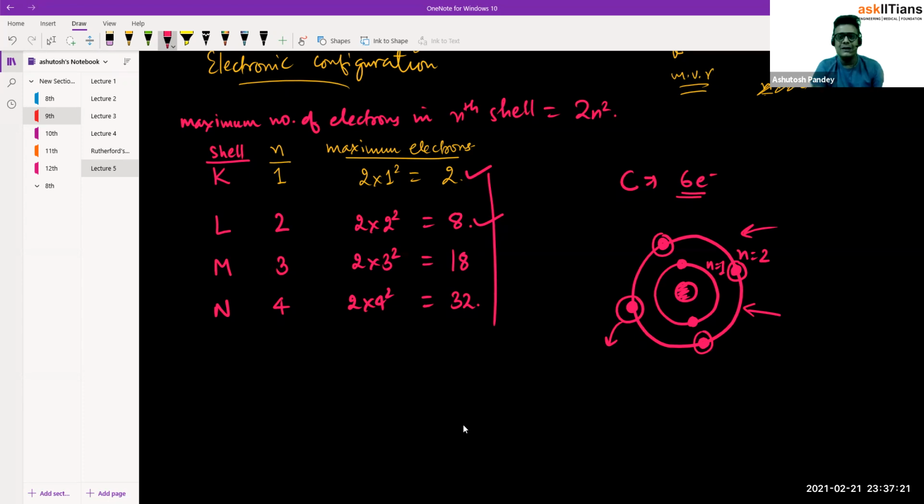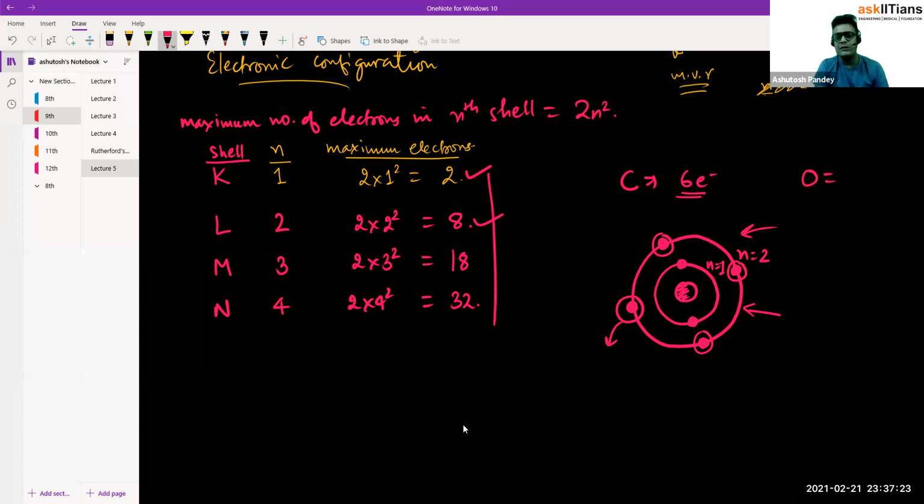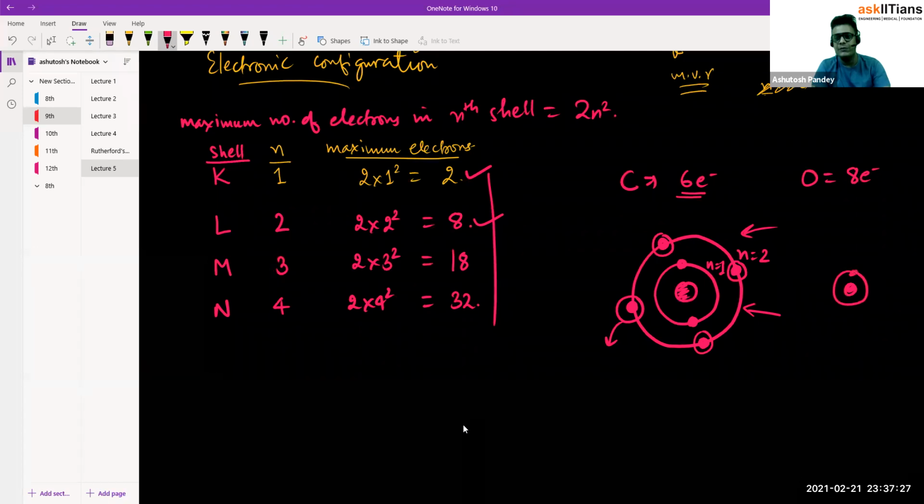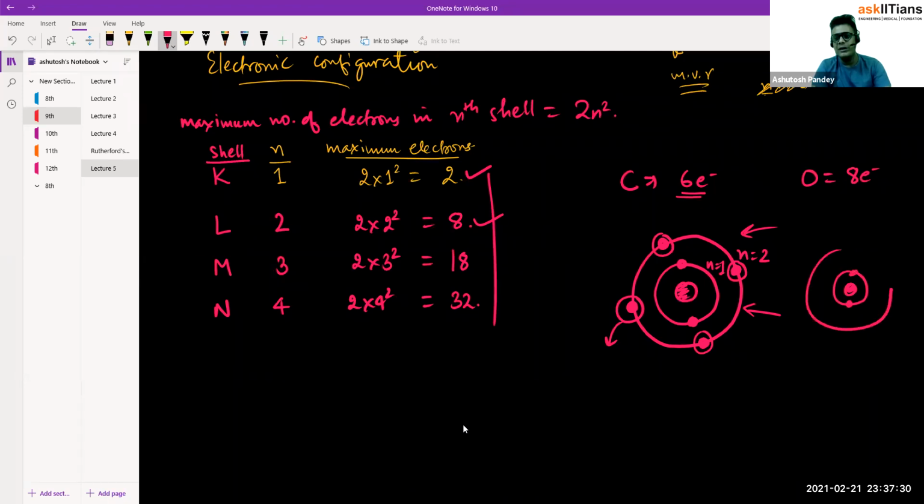Let's take another example, oxygen. Oxygen has 8 electrons, so we'll have a nucleus and 2 electrons, and then in the next orbit we will have 6 electrons. Now oxygen can take 2 more electrons to have 8 electrons in its outermost orbit, so its valency will be 2.